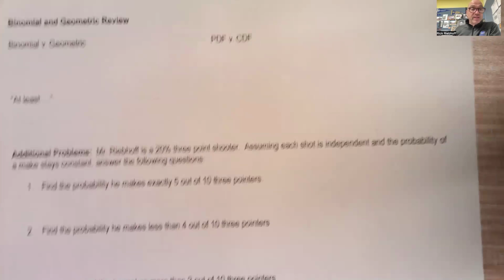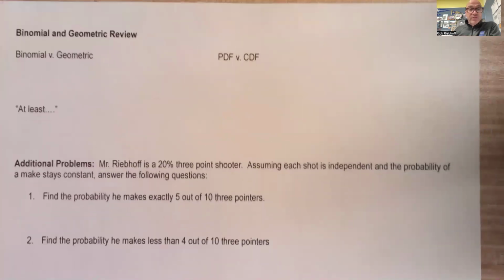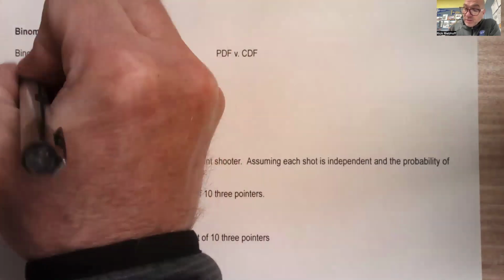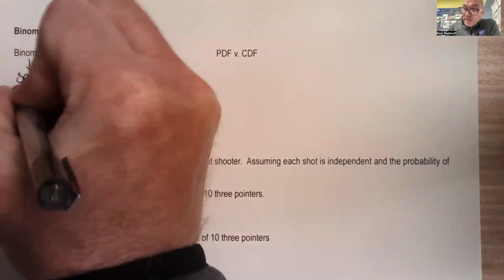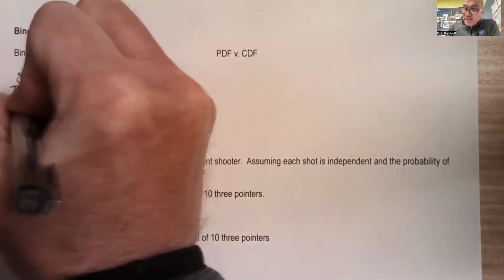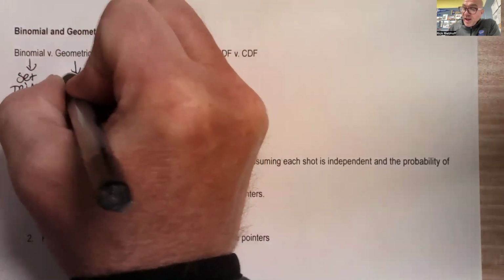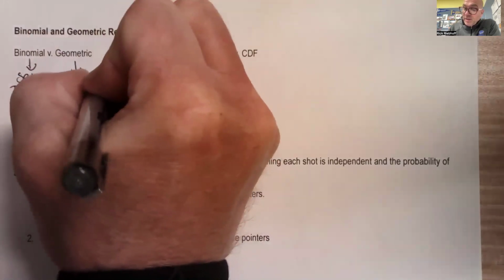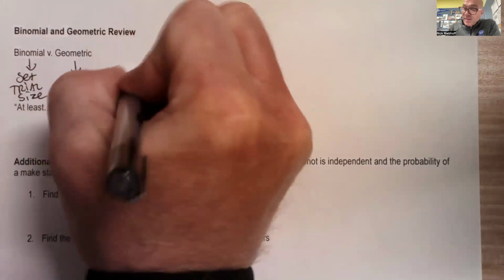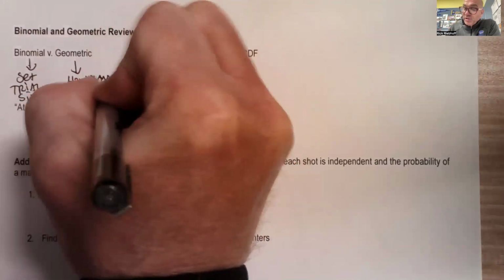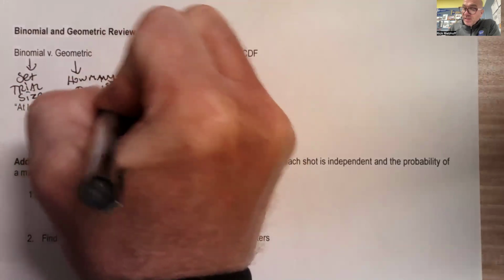All right, so here we go. Let's get a little review. Binomial and geometric. Okay, binomial, there's a set trial size. For geometric, it's how many tries till first success.